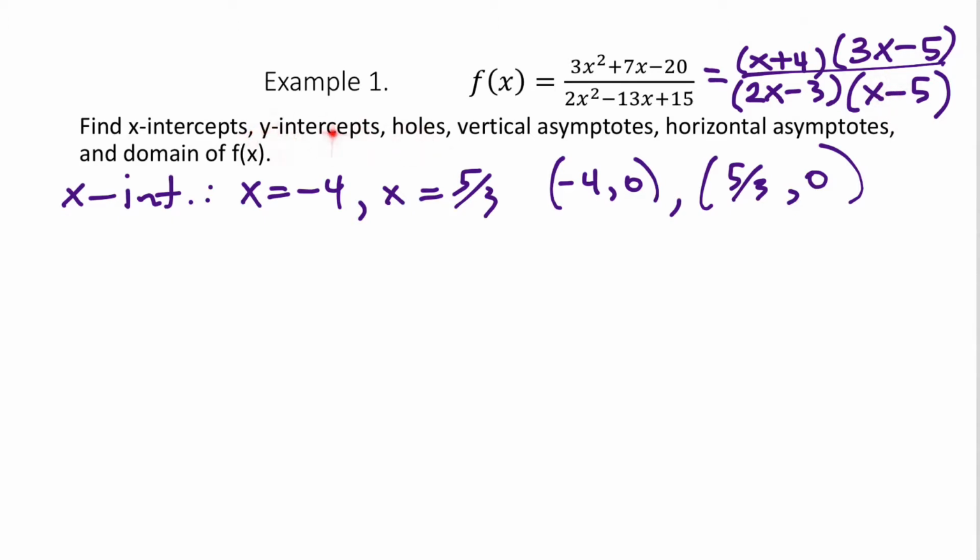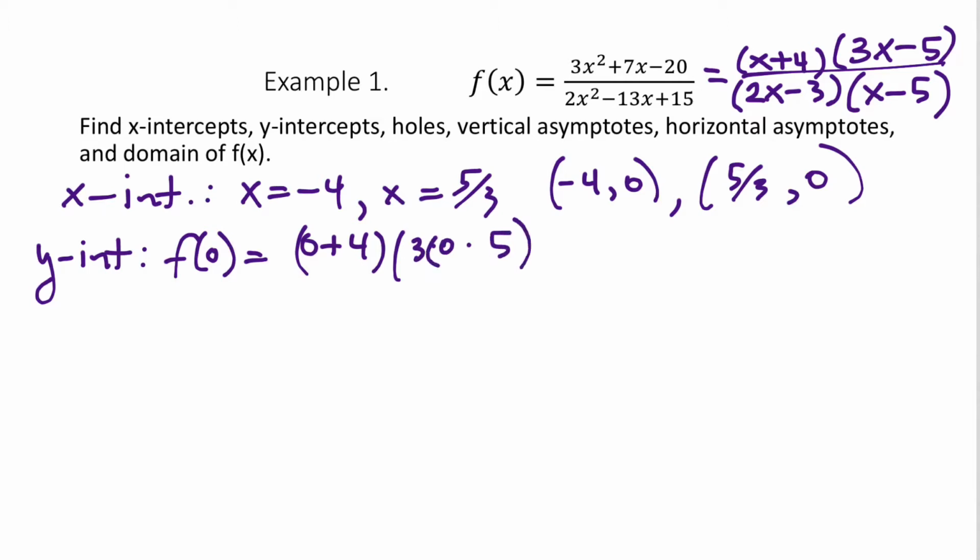Well, we forgot the y-intercepts. So the y-intercepts, there'll be 1, are going to occur at the f of 0 location. So we're talking about plugging in 0 for x. If I go ahead and do that, I've got 0 plus 4, 3 times 0 minus 5, 2 times 0 minus 3, and 0 minus 5.